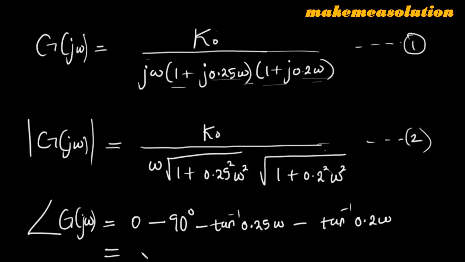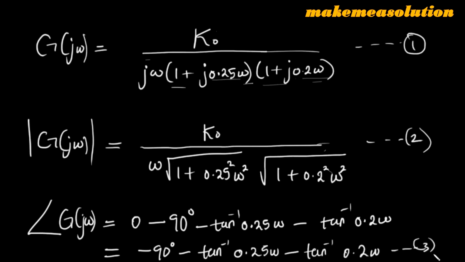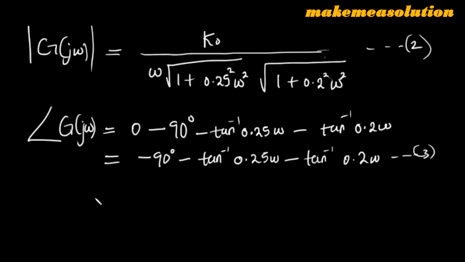So this evaluates to negative 90, minus tan inverse of 0.25 omega minus tan inverse of 0.2 omega. This is equation 3.